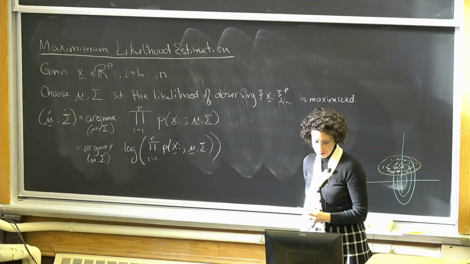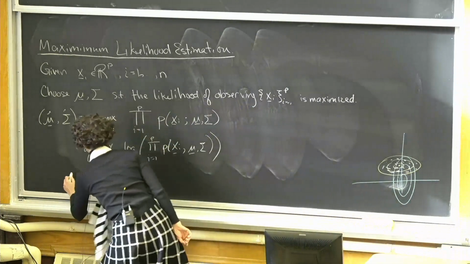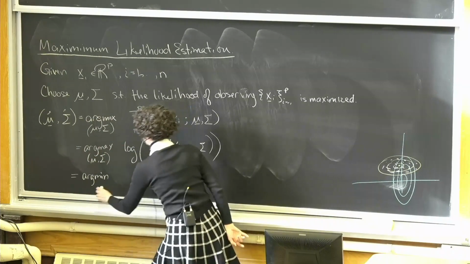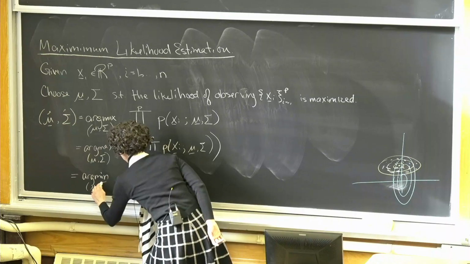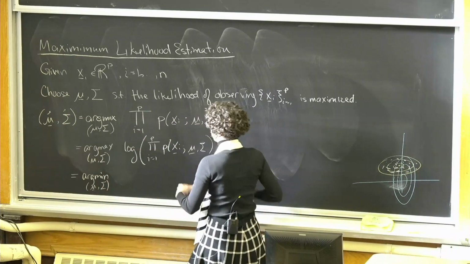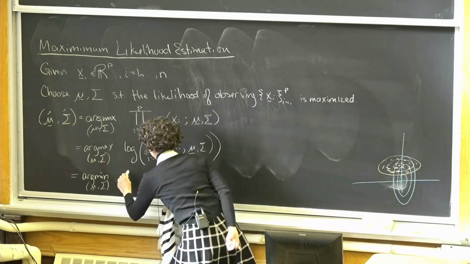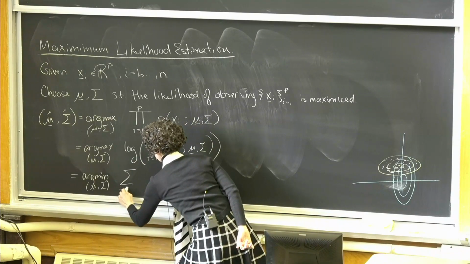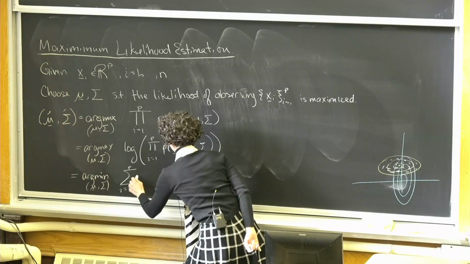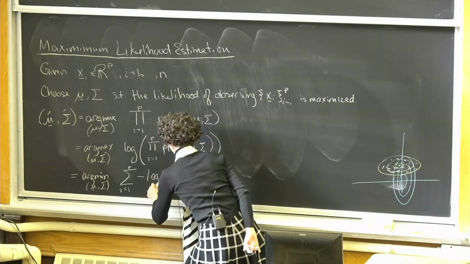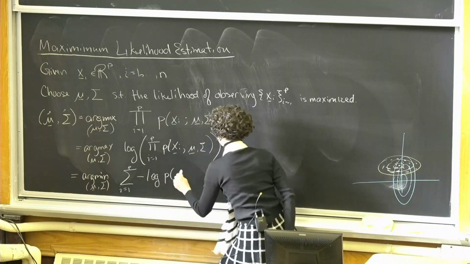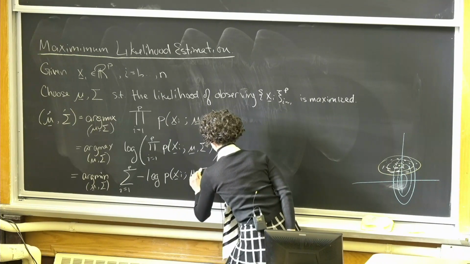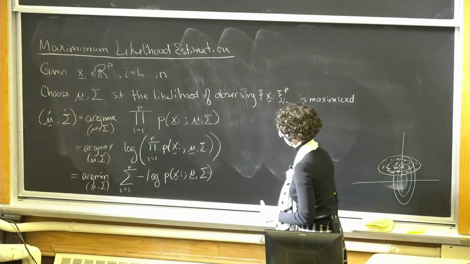And we generally like working with minimization problems. So this is the same as minimizing over mu and sigma the negative log. And so we can pull the product outside of the log to make it a sum from i equals 1 to p of the negative log of this p of xi with parameters mu and sigma.